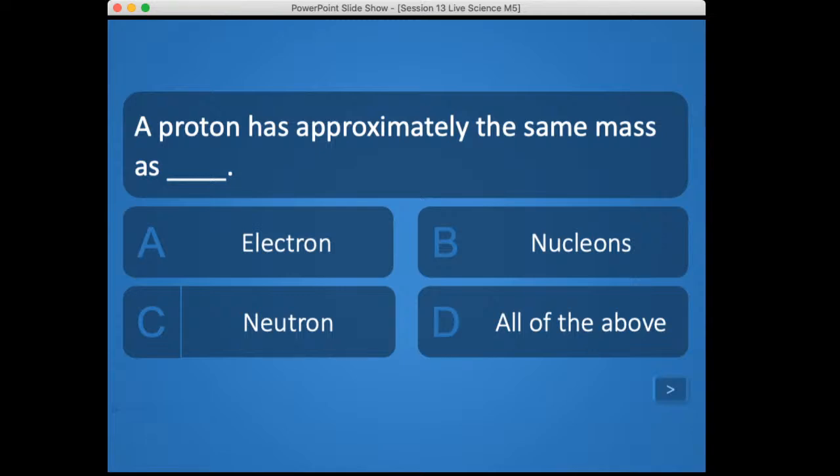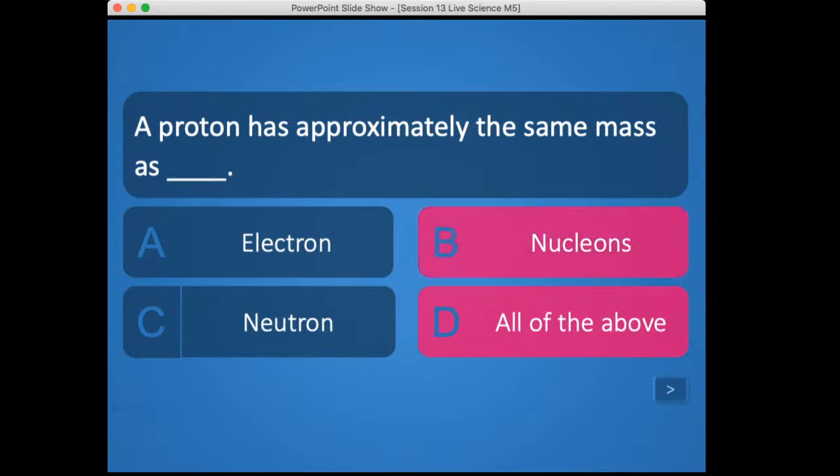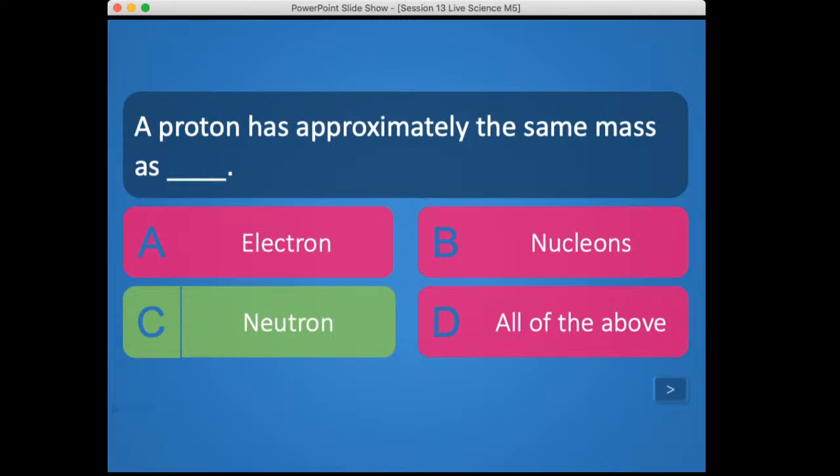Is it all of the above? No. Nucleons? No. Someone says electron? No. The correct answer is C. Neutron.